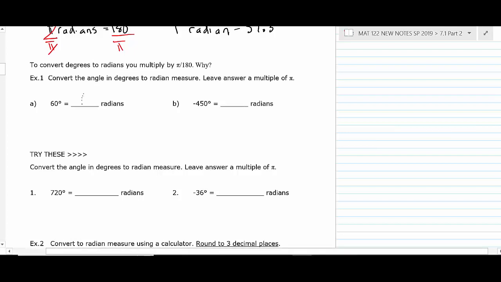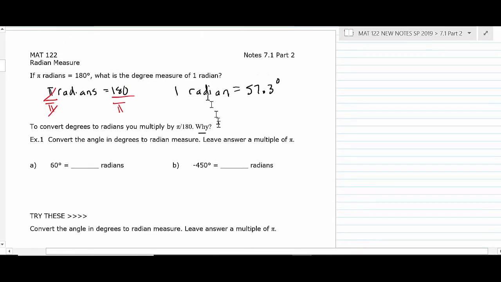To convert degrees to radians, you multiply by pi over 180. I want to show you why that is. If you go back to this equation, pi radians is equal to 180 degrees, and we divide both sides of this equation by 180, we end up getting 1 degree is equal to pi over 180 radians.